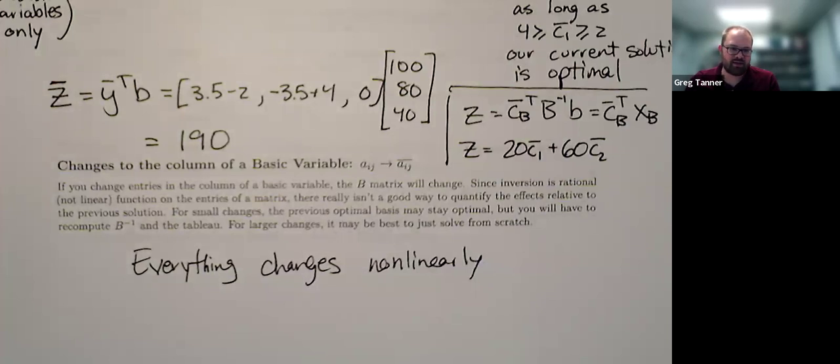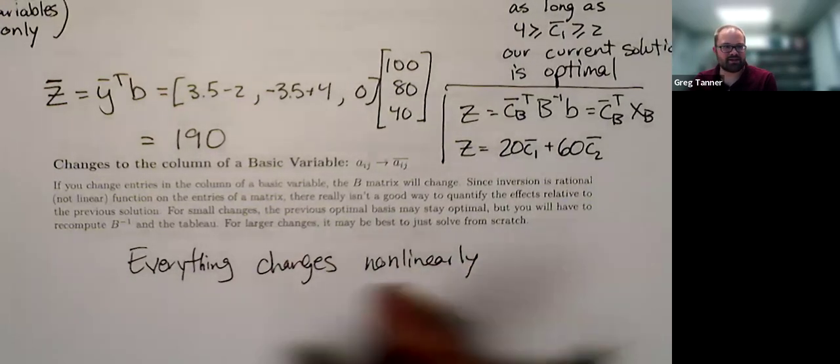For small changes, you could recompute B inverse and redo your transformation and check, are you still feasible? Are you still optimal? And that maybe wouldn't be too hard. But for larger changes, often it's best to solve from scratch.